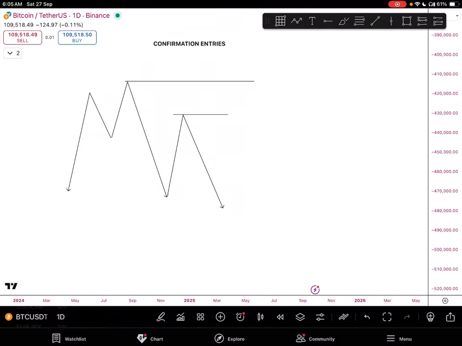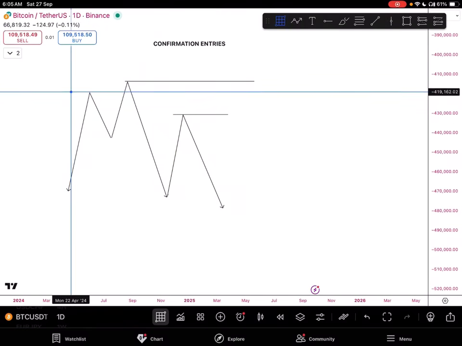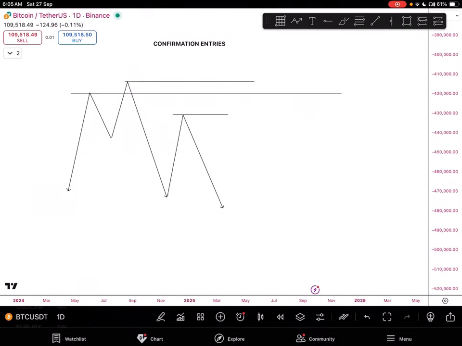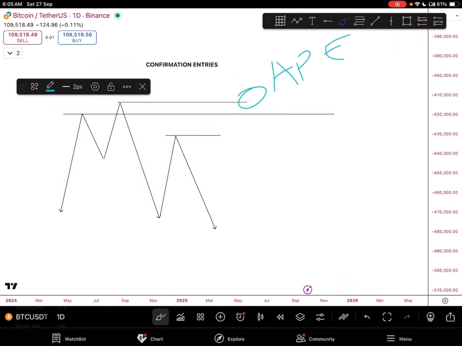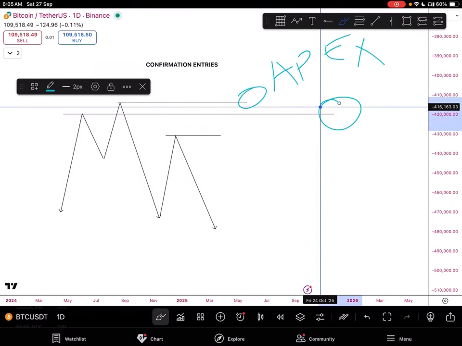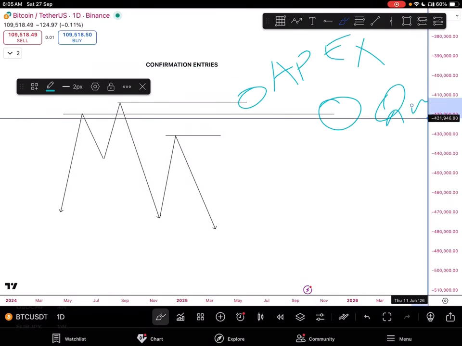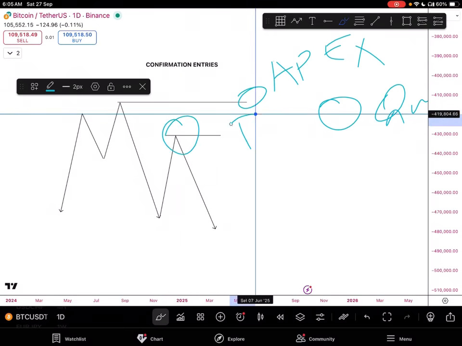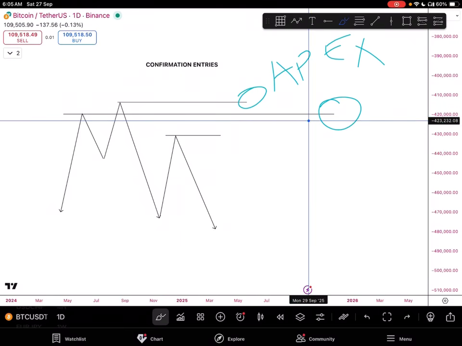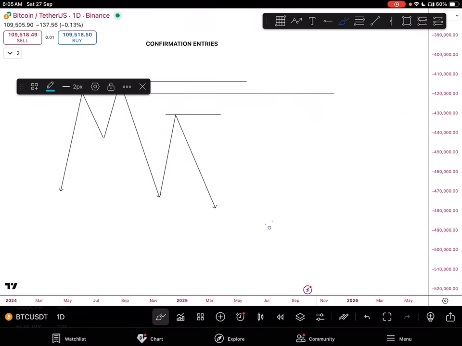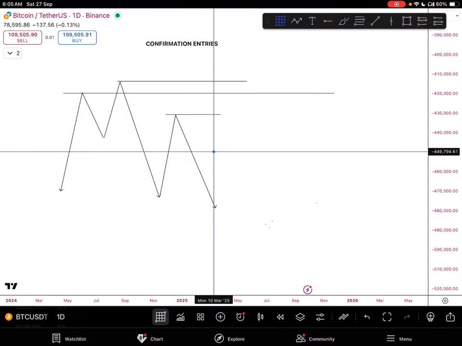Okay. Here we have a QM level, which is a valid key level. Here we have an apex level, which is a valid key level. This is a key home level, which is a valid key level. We have internal range liquidity here. So in this type of situation, you will take confirmation entries. So how to take confirmation entries?